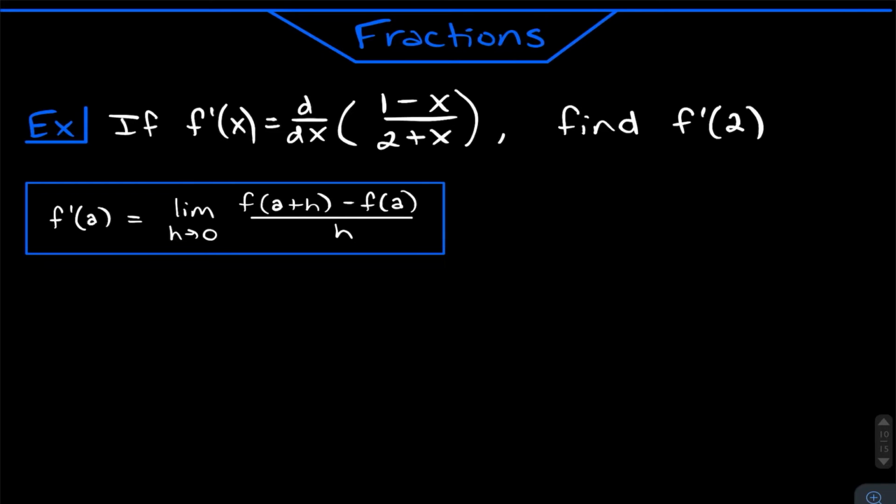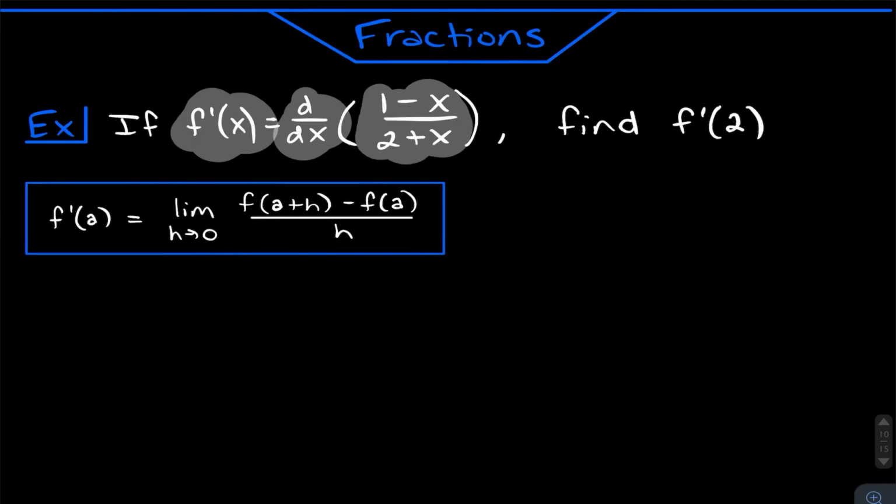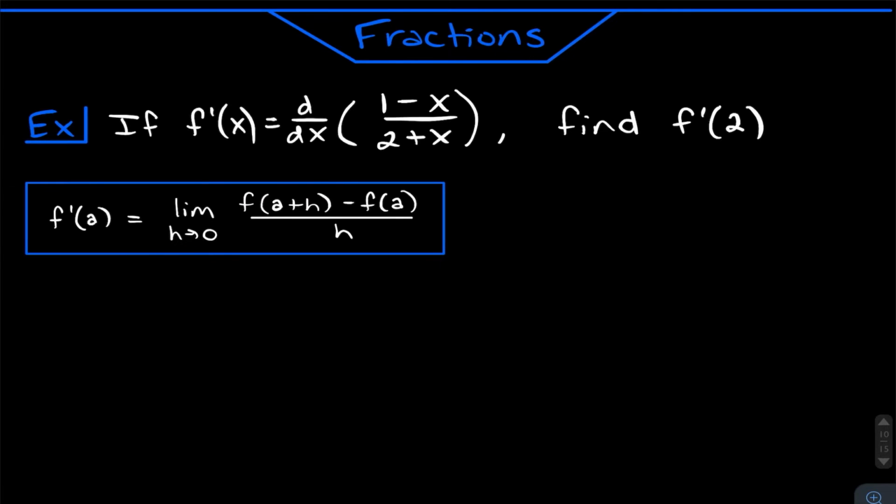Anyways, in this example, we're saying that f prime of x is the derivative of 1 minus x over 2 plus x. Okay? And given that, we're going to find f prime of 2. This is the exact same question that we've been getting in the past 2 sections. Now I'm just doing it with a little bit of different notation.